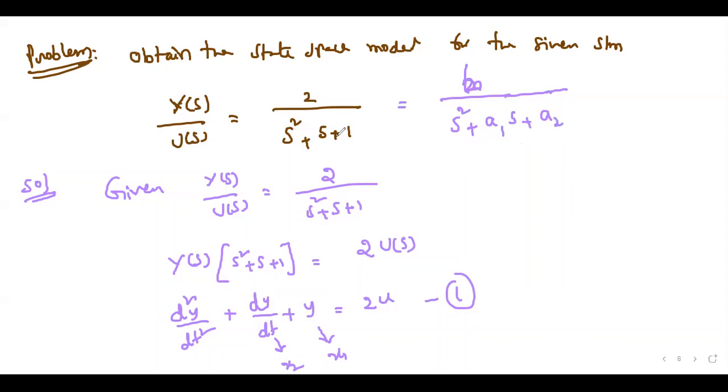Just compare with this. Then what is b naught here? It is 2.